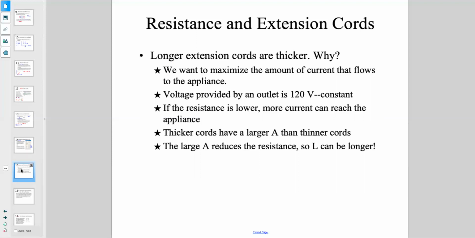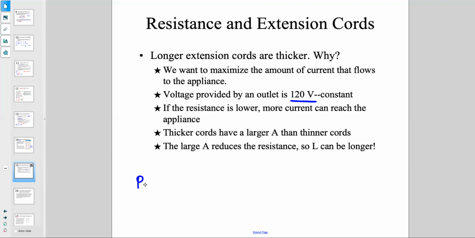If you go to Europe or Asia, it's different. It could be 212 or 220, but these are also AC currents. In the US, we have 120. If the resistance is lower, more current can reach the appliances, right? So thicker cords have a larger A than thinner cords.